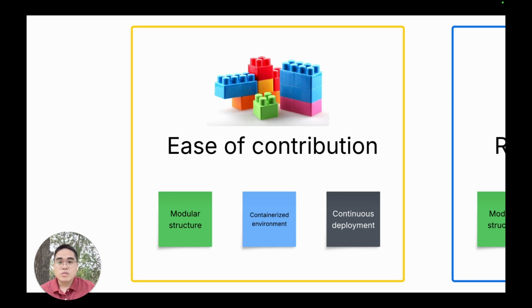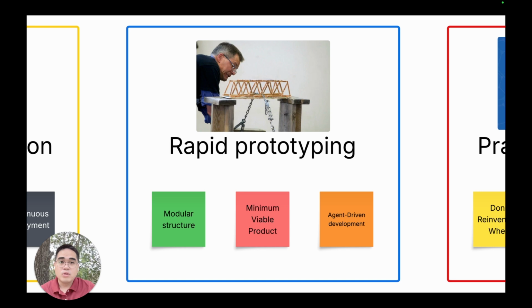Our second goal was rapid prototyping. Because we had to balance this project with other academic responsibilities, we focused on speed. Our modular architecture allowed us to build simple functionalities and swap them for better implementations later. We strictly followed a minimum viable product mindset, ensuring we implemented only necessary features with high quality.